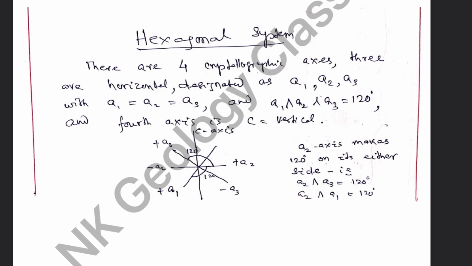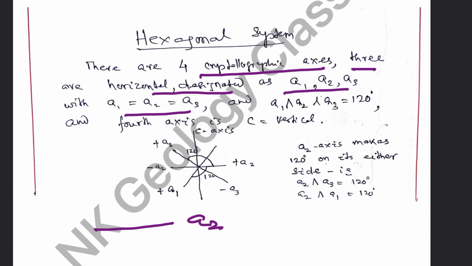So in the hexagonal system, the crystals present 4 crystallographic axes, out of which 3 are horizontal and equal, which are designated as A1, A2, A3, and they make a 120-degree angle with each other, particularly from their positive ends.